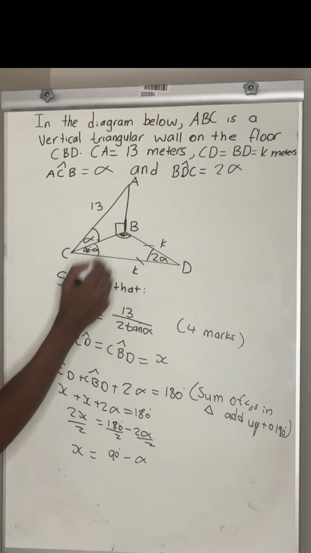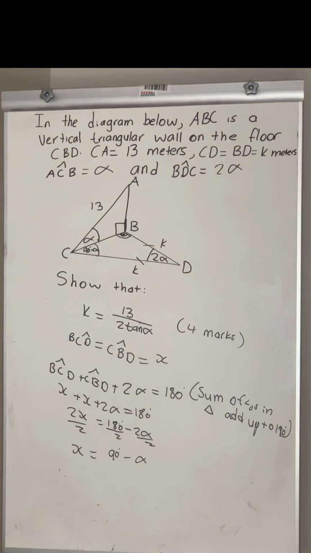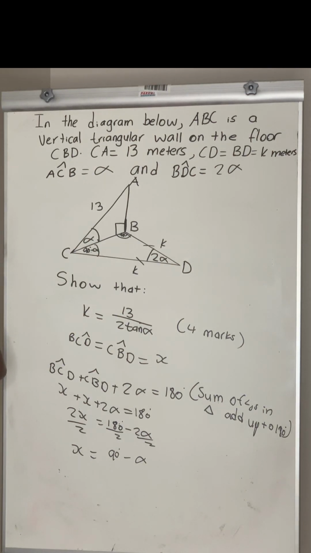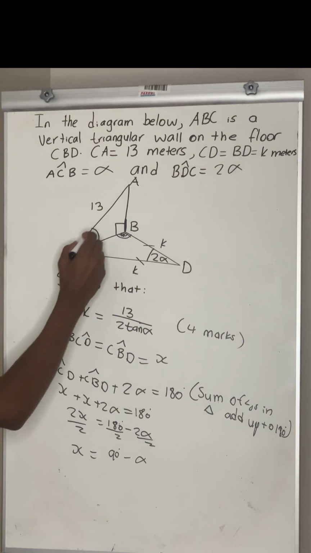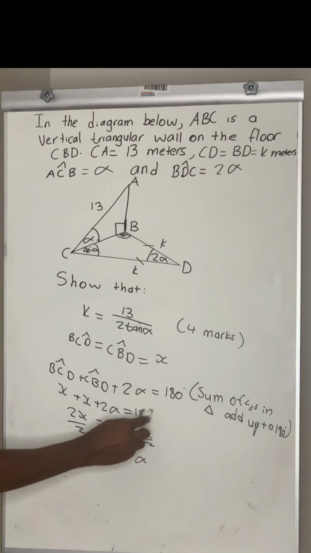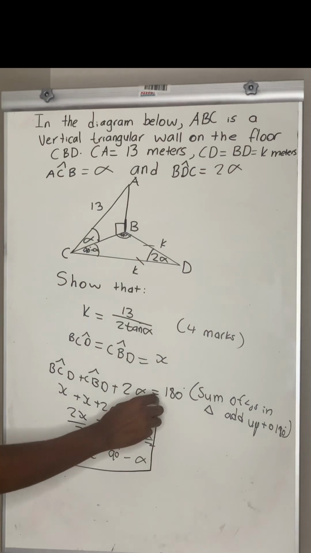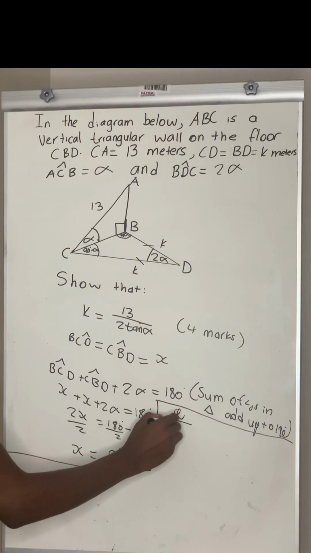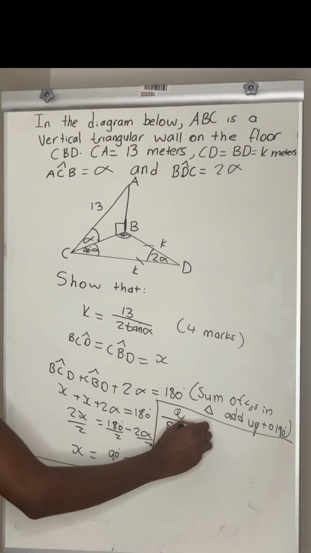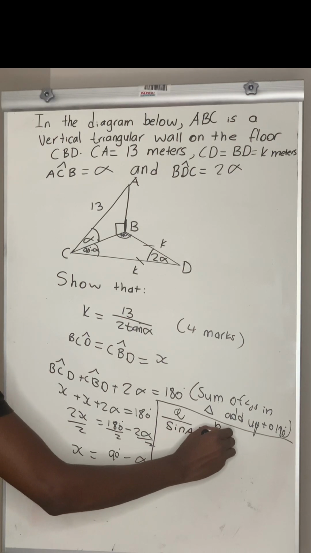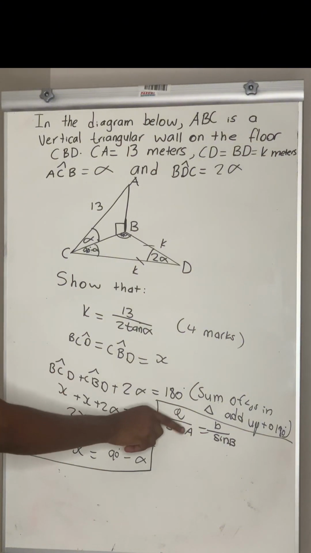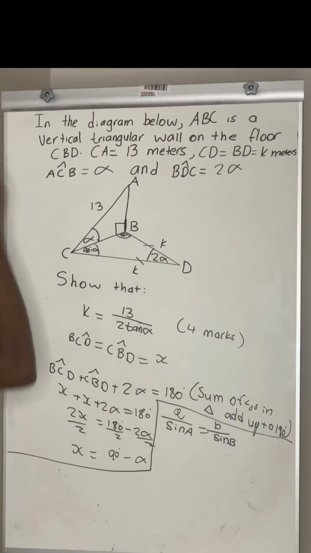Now what we can do from here is, remember from the previous question we showed that CB is equal to 13 cos alpha. So we can use the sine rule. What does the sine rule say? The sine rule says a over sine A is equal to b over sine B. Our a stands for the length and sine A is for the angle, and the same for b.